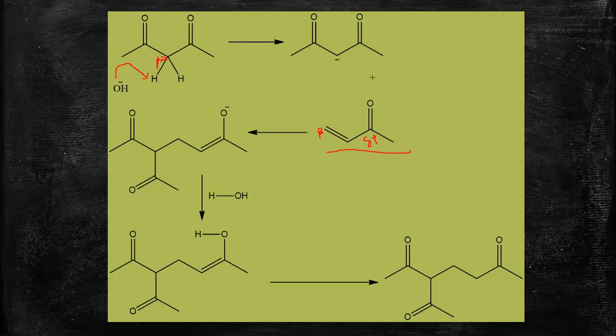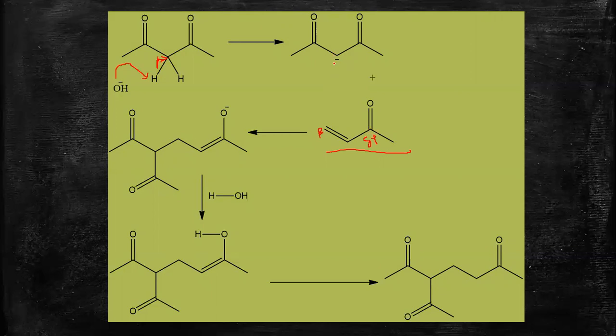So if we use a weak base or nucleophile, this weak base would tend to attack the beta position. However, if we use a strong base or a strong nucleophile, then the carbonyl carbon would be attacked by the nucleophile. And this is basically the difference between aldol and Michael addition.